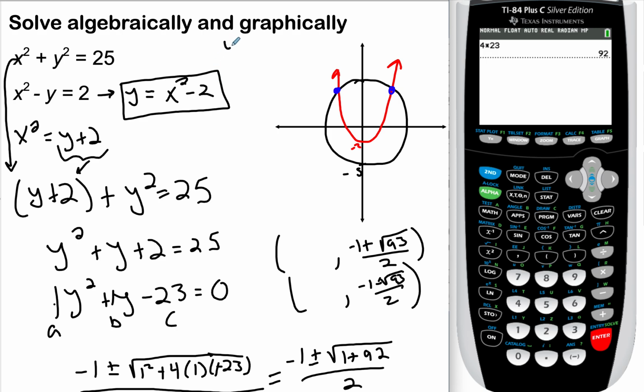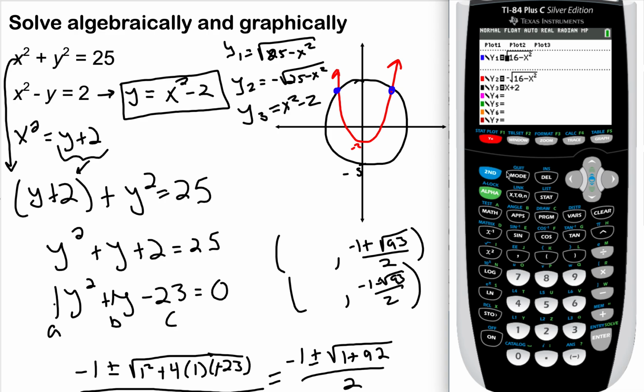And remember, we're going to have y1 equals 25 minus x squared, y2 equals, and y3 equals x squared minus 2. See what that looks like.